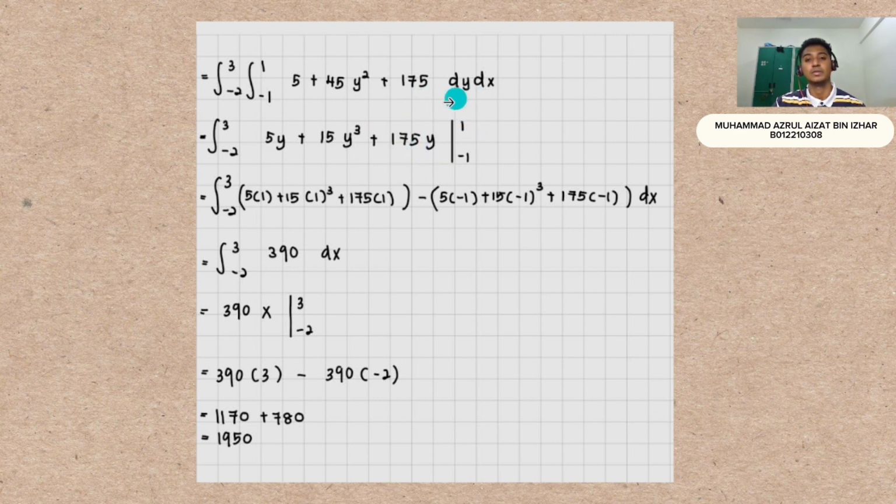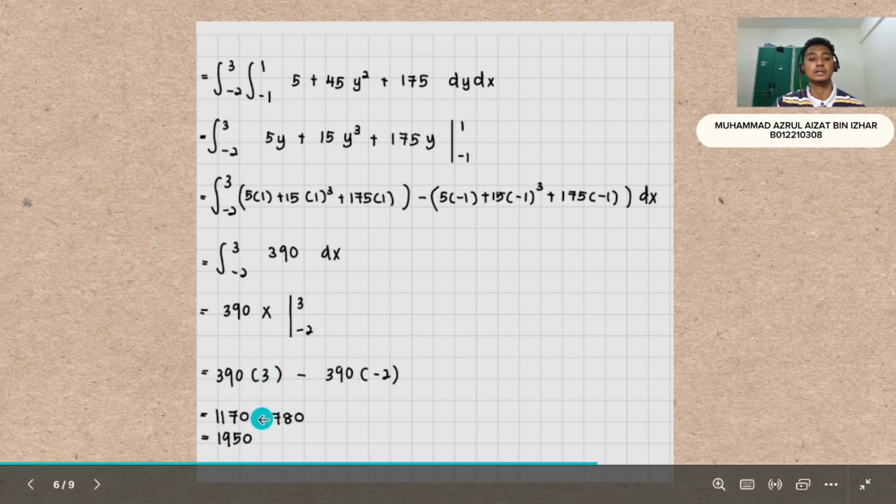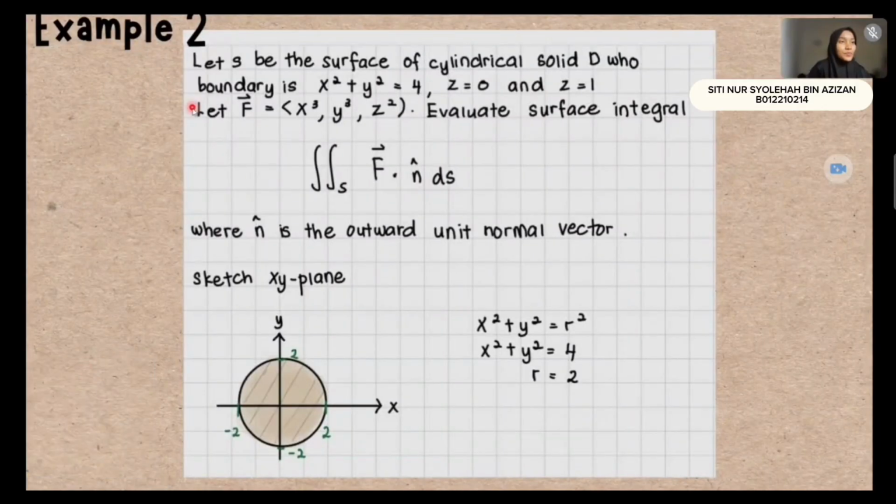Next step, we integrate dy, and we get 5y plus 15y cubed plus 175y, and then we apply the limits of y and get 370 dx. For the last step, we integrate dx, and we get 390x, and we apply the limits of x, and lastly we get the answer 1950. Now we move to example 2.